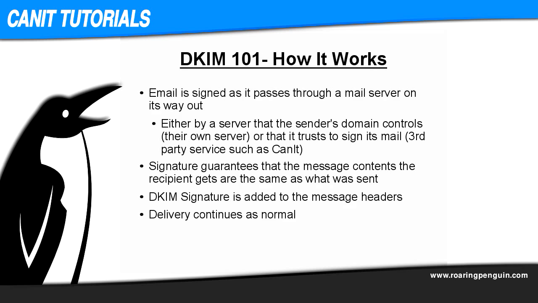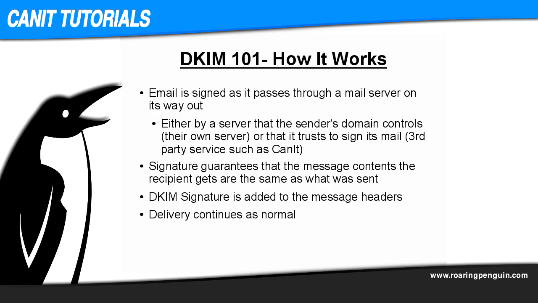So, how does it work? Once email is sent, the email is signed as it passes through a mail server on its way out from the sender's domain. The server that signs it could be a machine that the sender's organization controls, such as their own mail server, or it could be a service that they trust to handle their outbound email, such as a third-party service like Can It.